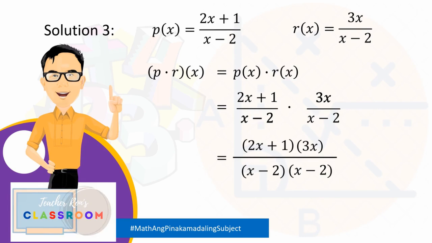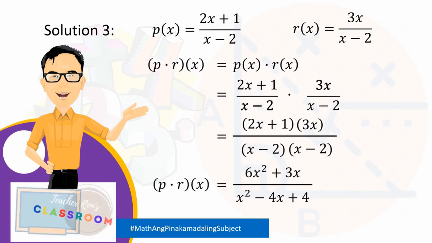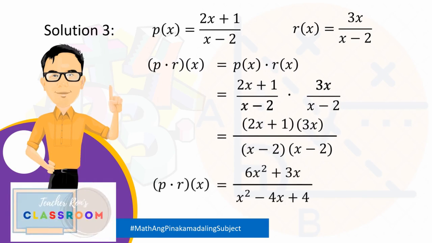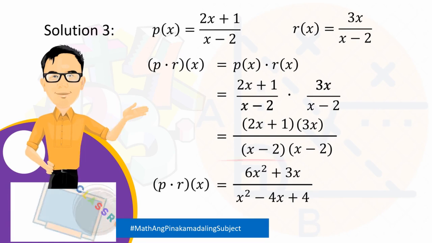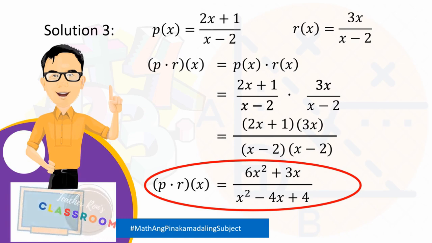So we have 2x plus 1 times 3x over x minus 2 times x minus 2. 2x plus 1 times 3x equals 6x squared plus 3x. X minus 2 times x minus 2 equals x squared minus 4x plus 4. Therefore, p times r of x equals 6x squared plus 3x all over x squared minus 4x plus 4.